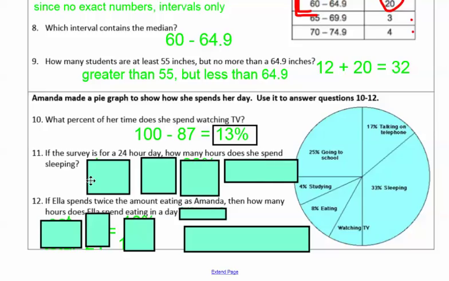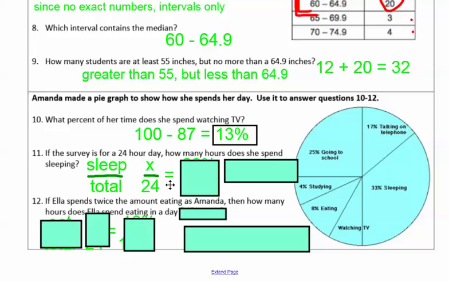For this, we're going to set up a proportion. We're going to do how many hours she sleeps over total hours. Because these are percents, it will be a percent proportion. So we're going to have our regular hours. We're looking for how many hours she sleeps out of 24 total hours.